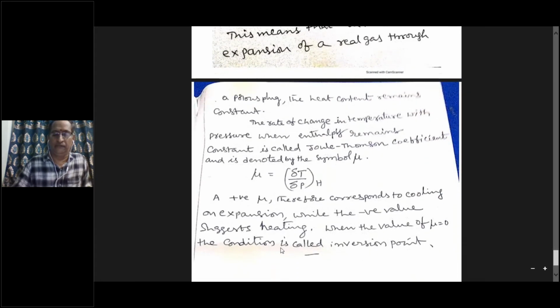If there is fall in temperature, mu will get positive sign, and if there is increase of temperature, mu will get negative sign. And the condition where mu is equal to 0 is called inversion point, at which there is no heating or cooling. This is about Joule-Thomson coefficient.